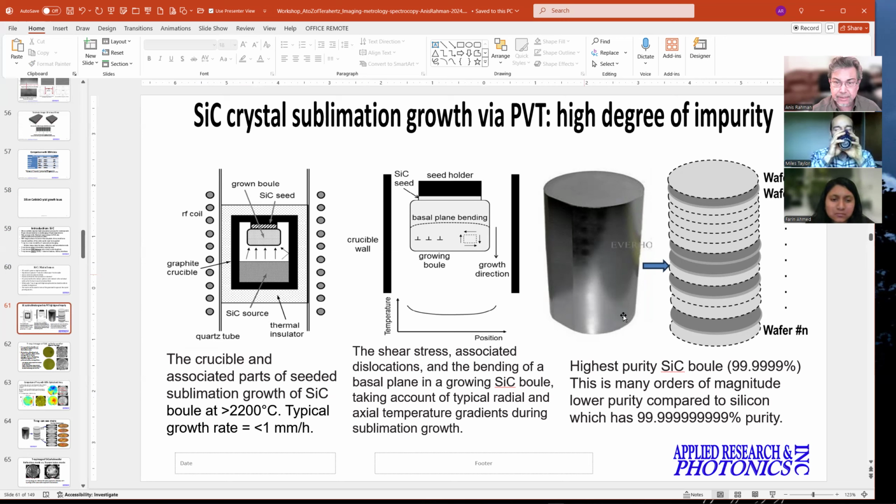So eventually they get this ingot or boule and slice it into a number of wafers. This process is the same for silicon and silicon carbide, except in silicon carbide they slice by laser, which is much better than other techniques like blades.